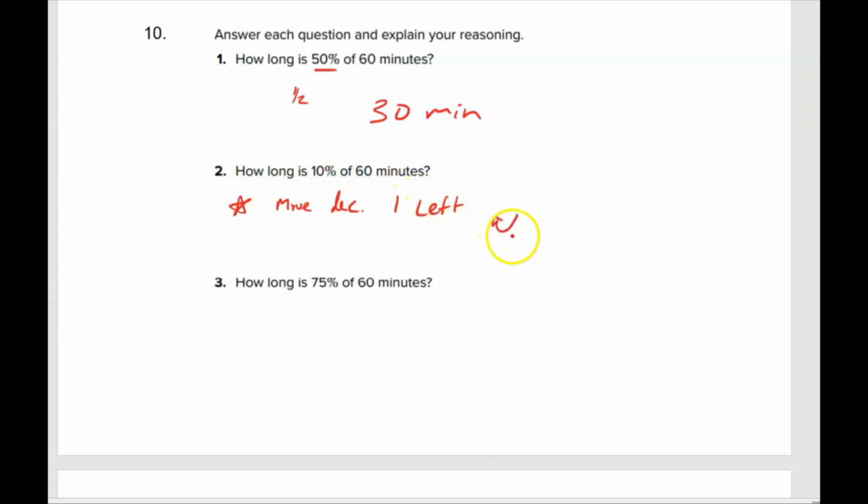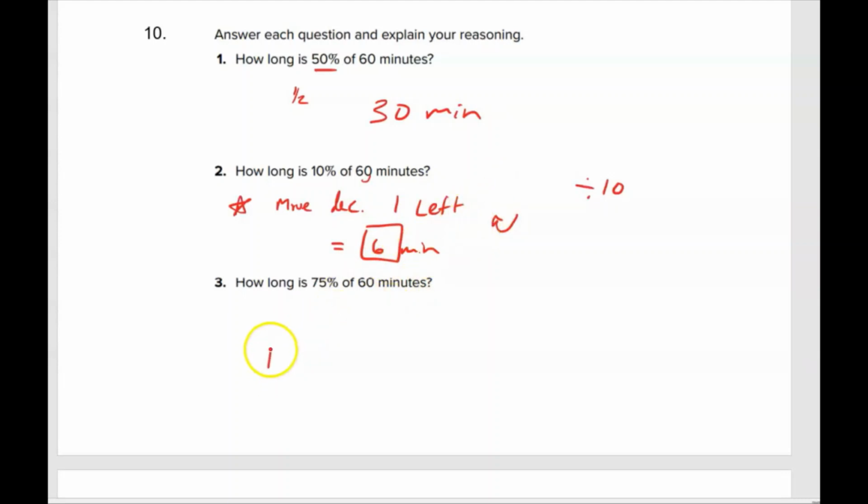Okay, that's that mental math rule. So 10% of 60, move it 1 to the left, is equal to 6 minutes. Pretty easy. The other thing you could do is you could divide by 10. Those are the same thing, moving your decimal 1 to the left or dividing by 10 to come up with 6 minutes.